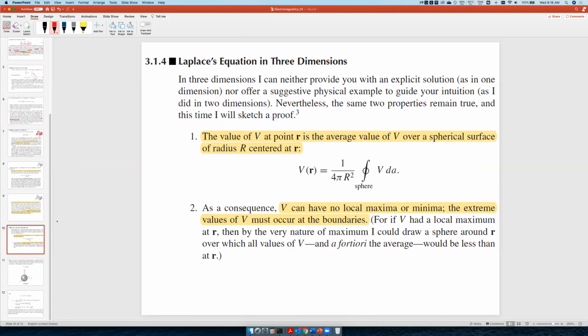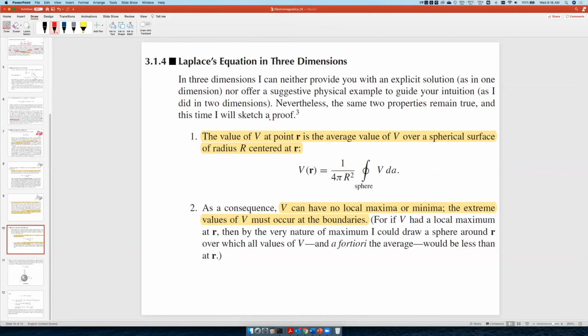In three-dimensional equations, we cannot provide any explicit solution either, and we cannot offer a suggestive physical example to guide your intuition. Nevertheless, the same two properties or features remain true.